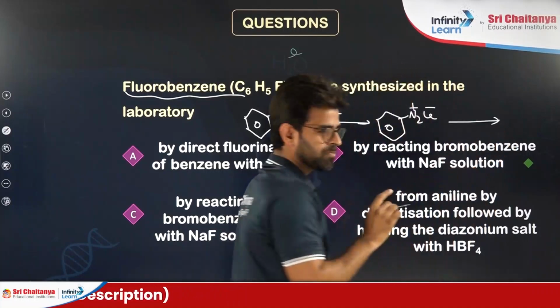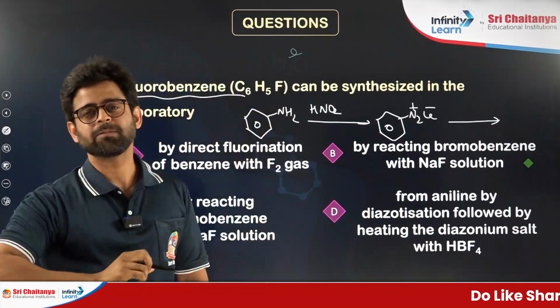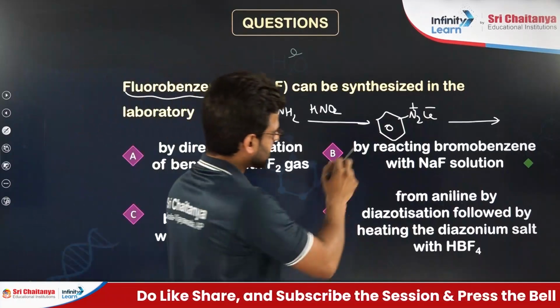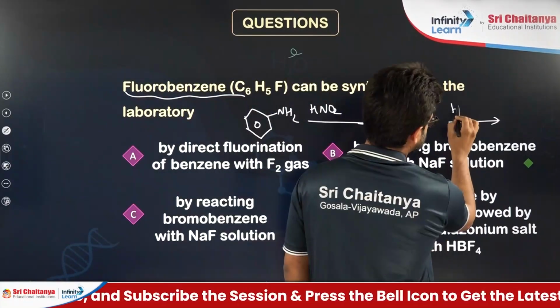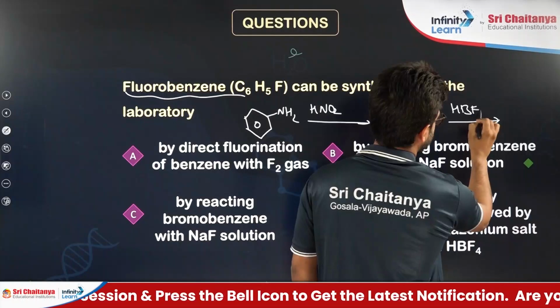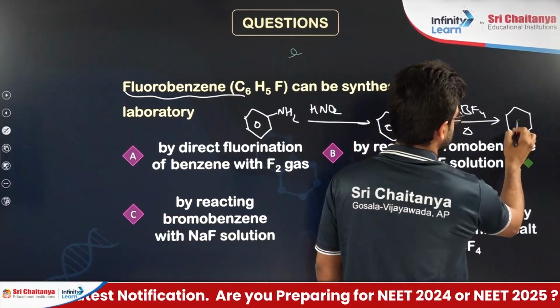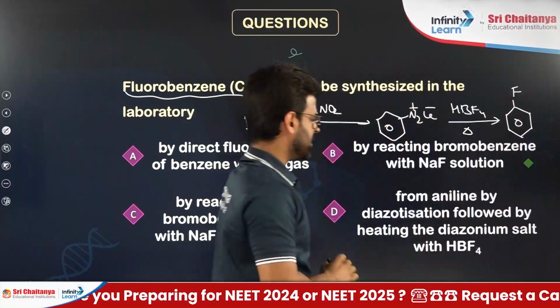And to prepare fluorobenzene, we have a special named reaction that is known as Balz-Schiemann reaction. So in that you will see, we will take HBF4 and we will heat this, right? So it will give us fluorobenzene.